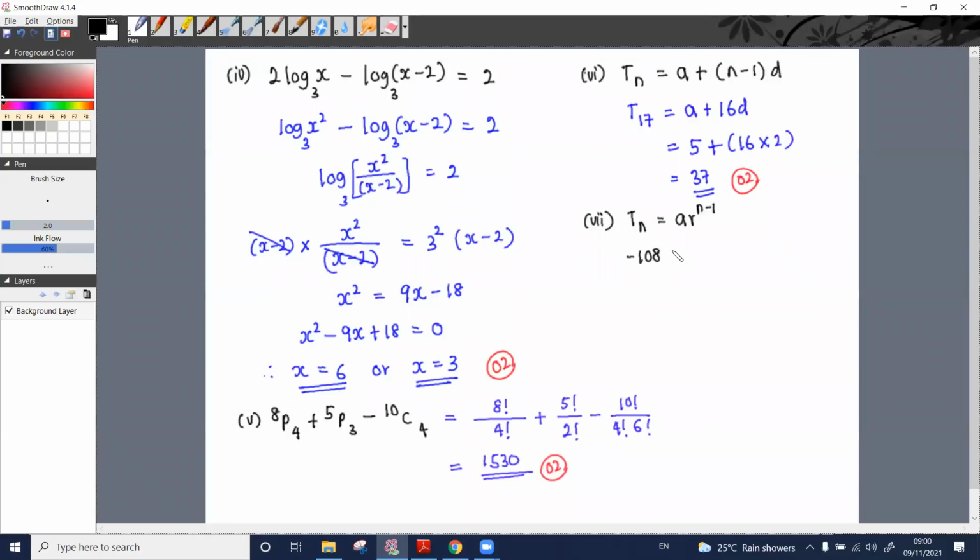We'll express it like this. Third term value should be equal to ar squared, and this is given as minus 108.